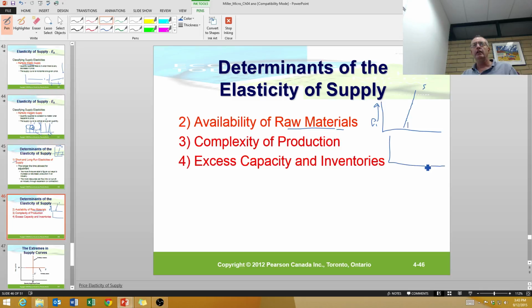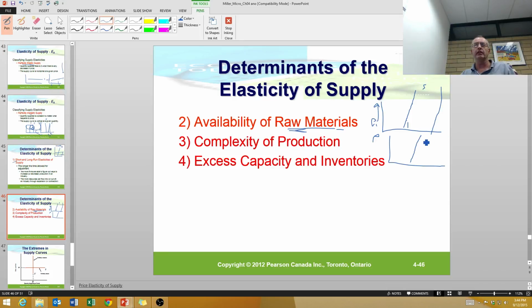So even if prices increase significantly in the short run, if we can't change our production because we can't get all the other materials that we need for production. So in point number two here, we're talking about raw materials, but we have other factors of production besides raw materials. We have labor, we have capital.